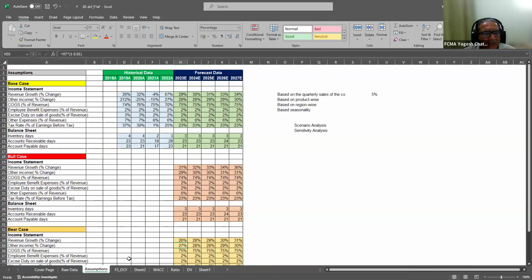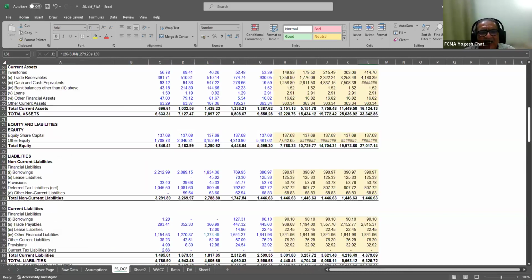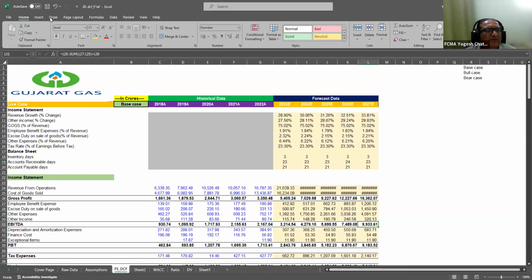Once you have this projection, you can construct the DCF analysis.